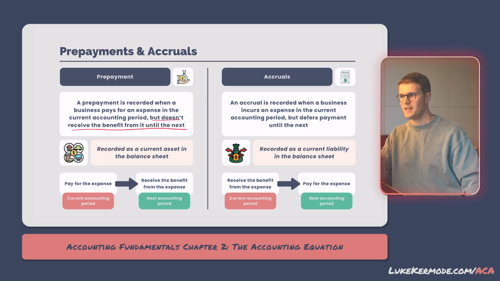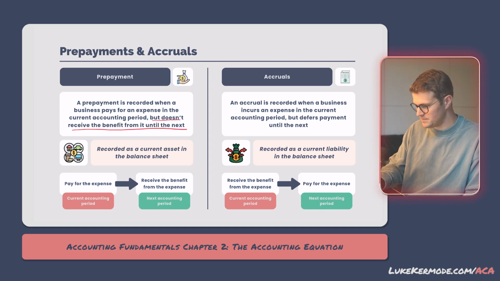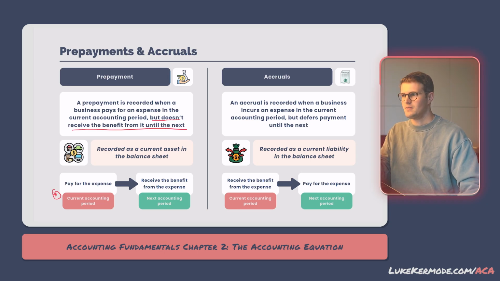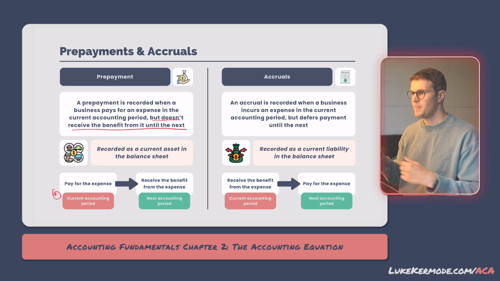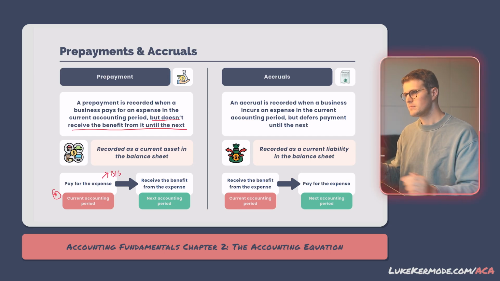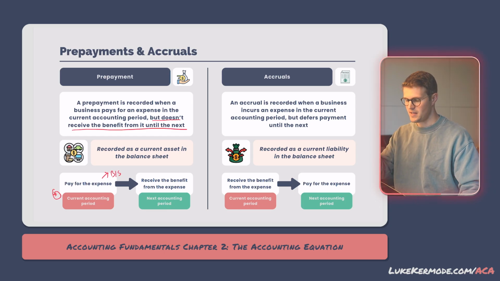For example, if a business pays next year's rent this year, the payment will be recorded as a current asset, not an expense, in the statement of financial position. Although cash has been paid out, the benefit hasn't yet been received by the business.